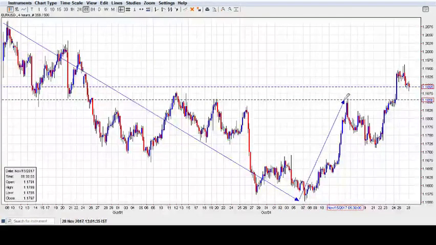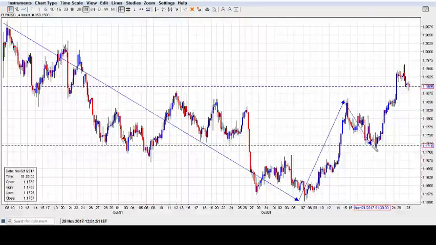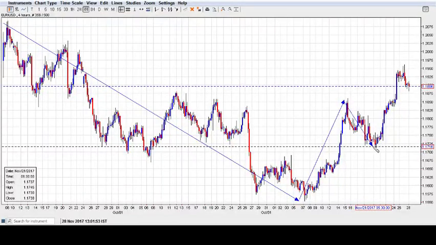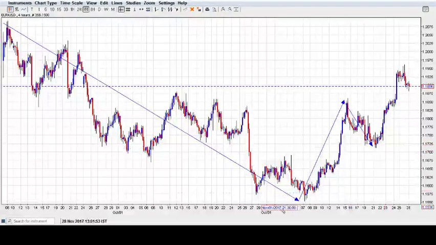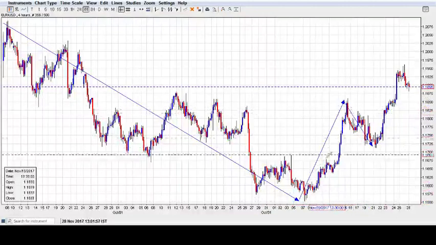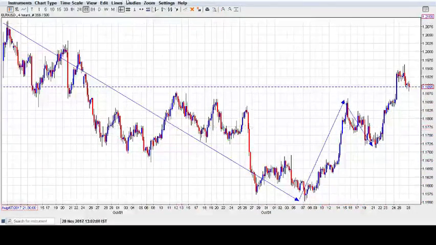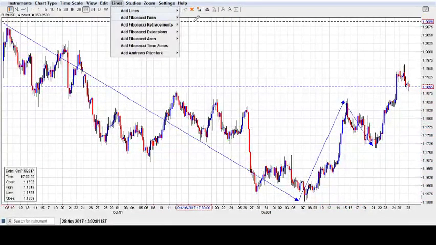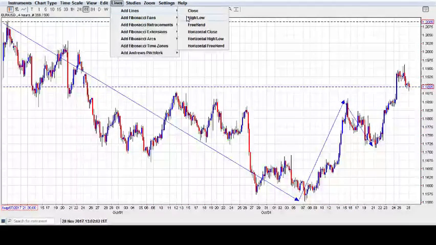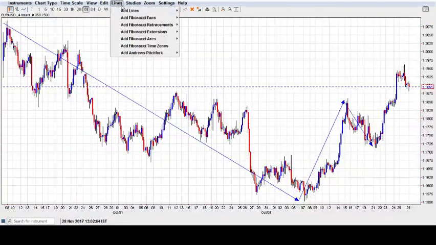The rally until 1850 can be termed as wave A. Then a short bit of retracement, 38.2% of the rally, and also hitting the backside of the trend line here.